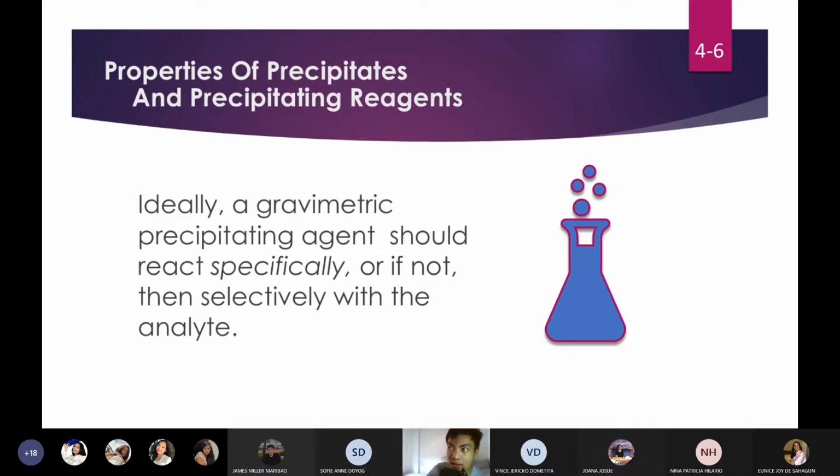Then kapag naglagay ka ng anion, kunwari may na-form na lead chloride, no? Ah, ano pa ba yung mga precipitate? Lead chloride, silver chloride, no? So, kunwari, yung mga yon nilagay mo yan, nag-precipitate sila, halo-halo na yung mass mo doon, no?